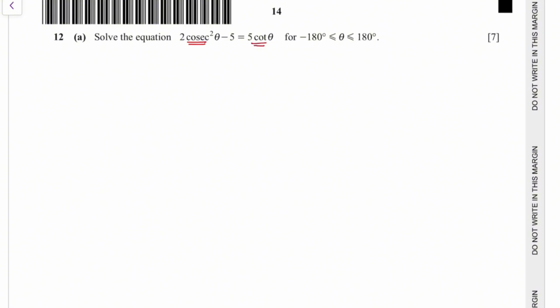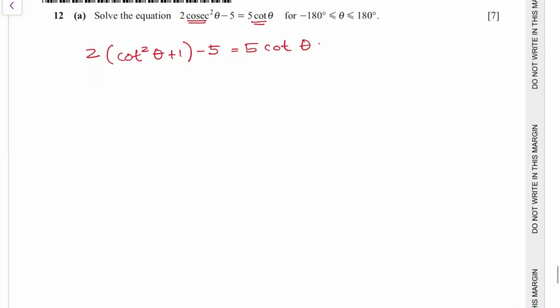All right. One way is to write everything into cotangent because you do have an identity that relates cosecant and cotangent, which is cosecant squared is cotangent squared plus 1. Okay, and then you have minus 5 is equal to 5 cotangent theta.